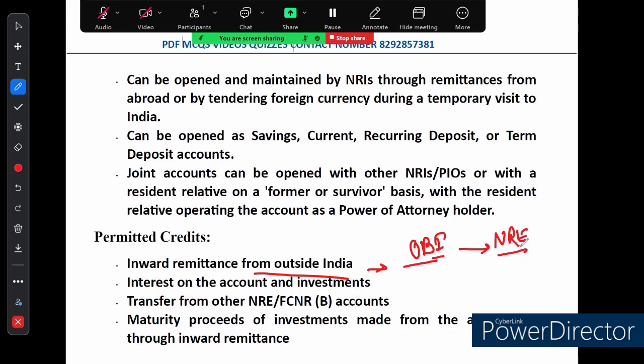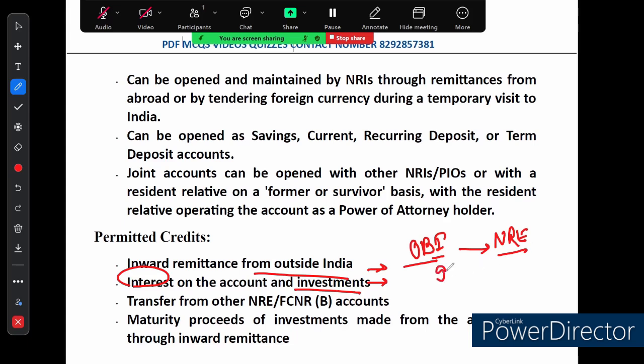It is a convenient way to keep your savings in Indian rupees while living abroad. The second thing is interest on the account and investment. Any interest you earn from the NRI account itself, or from the investment you made using this account, can be credited back into the account.